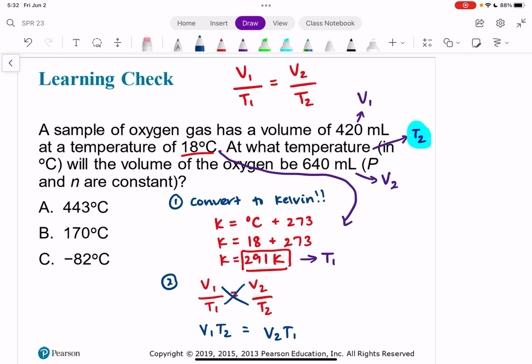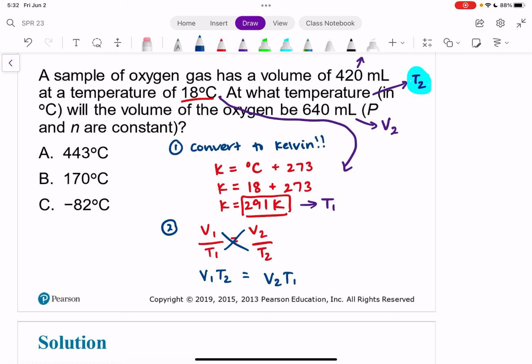Okay, and then we can divide both sides by V1. Sorry, it's kind of hard to see there. Divide both sides by V1 to get T2 alone. And let's continue this over here. So now we got T2 equals V2 T1 over V1.